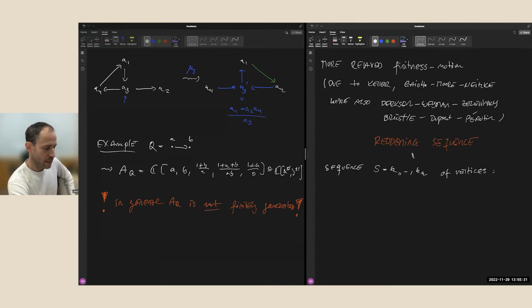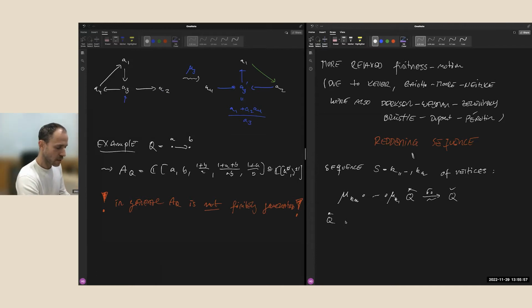With the property that the mutation along the sequence of vertices of the so-called principal extension of Q is uniquely isomorphic to the co-principal extension of Q. So here the principal extension is given as follows.